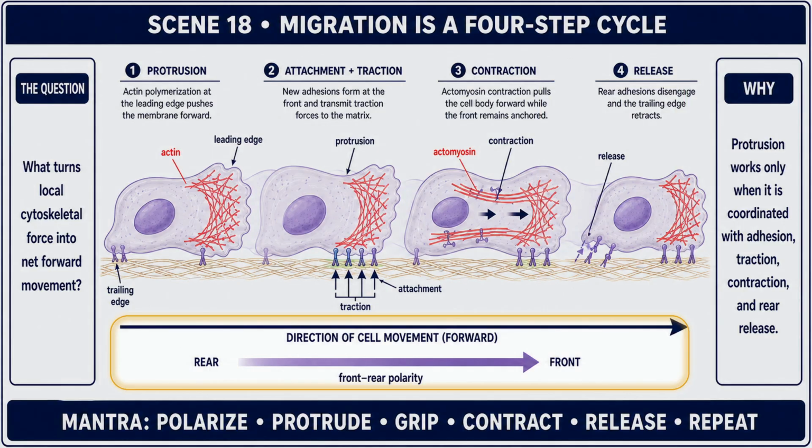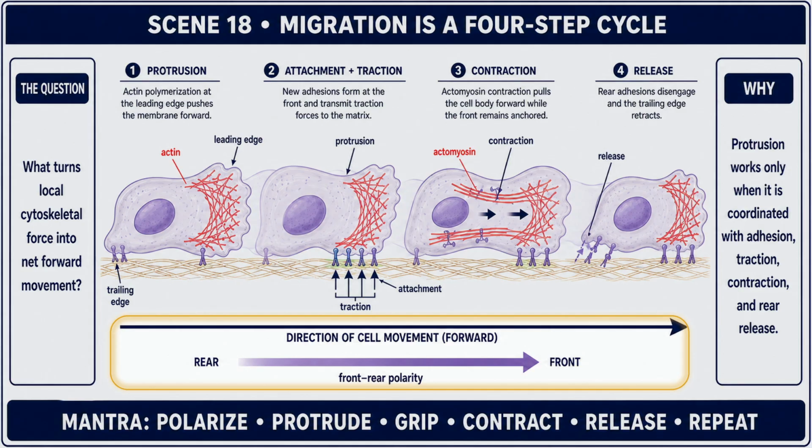Protrude, grip, contract, release. Notice that every step depends on front to rear polarity. If attachment occurs in the wrong place, or the rear never lets go, local force does not become useful movement. Cell migration is therefore a cycle of coordinated asymmetry.